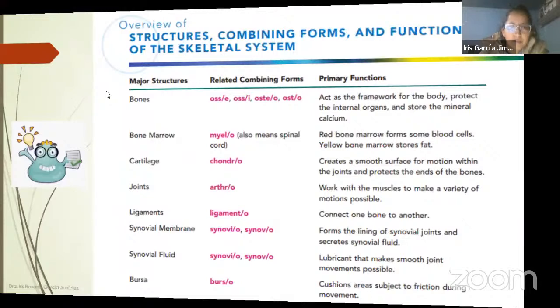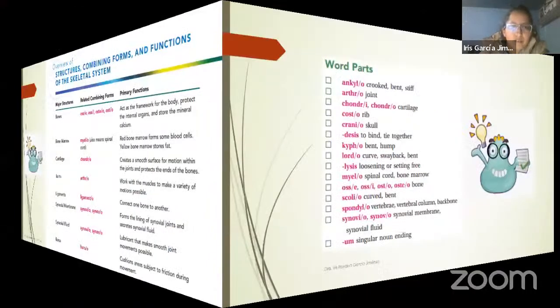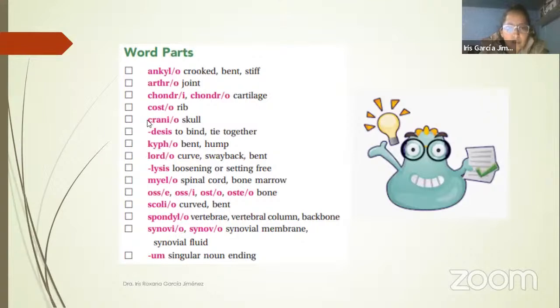The word parts specifically, just a few of them because it's the example that the book was showing me. We have to consider them again as word roots and some suffixes and some prefixes and some combinations for writing down in a correct way.